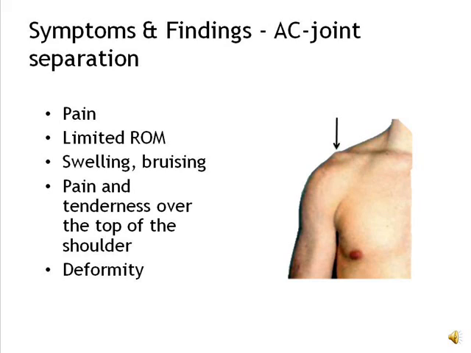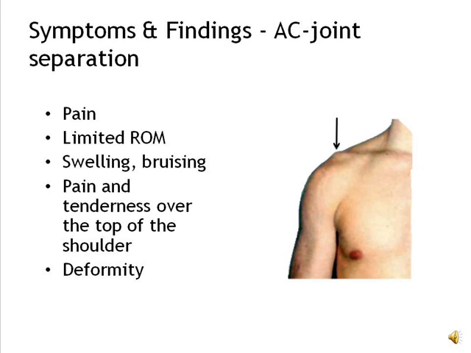So the symptoms and findings of an AC separation include pain at the moment the injury occurs, limited range of motion in the shoulder area because of the pain, not the weakness, swelling and bruising, and tenderness over the AC joint on top of the shoulder.